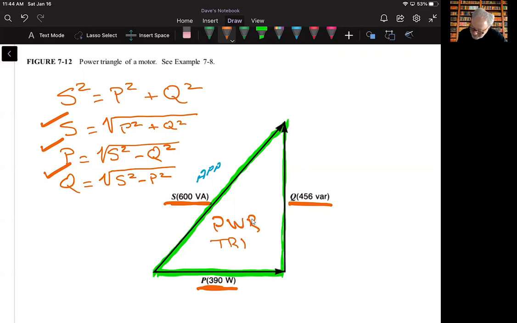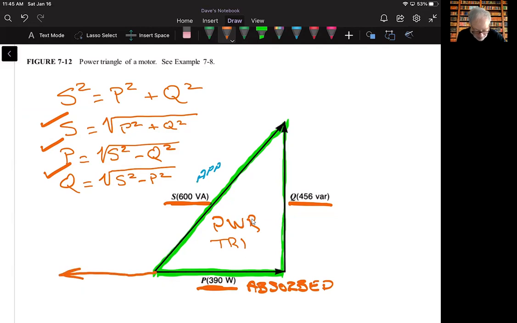The description says that the active power that's absorbed is shown as positive, drawn horizontally to the right. This would be active power absorbed. There is a situation where active power is delivered by a circuit or device, and it's considered negative. In that situation, it would be drawn to the left.